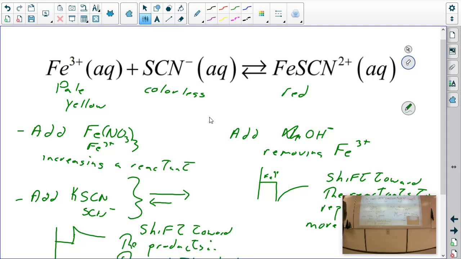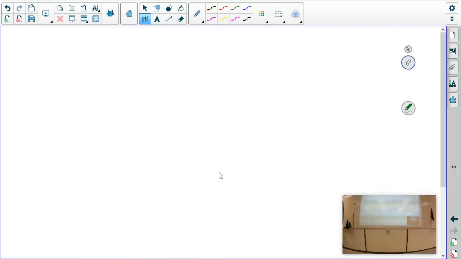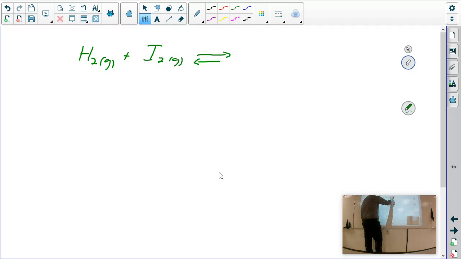So, does anybody not have an understanding on how to use Le Chatelier's principle to do temperature or concentration changes? That didn't work. Okay. No, use that one here.